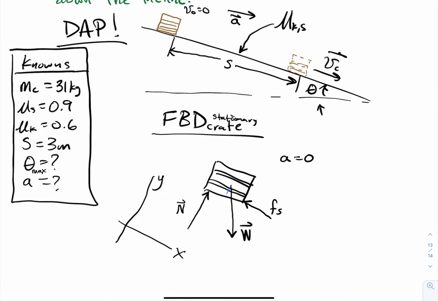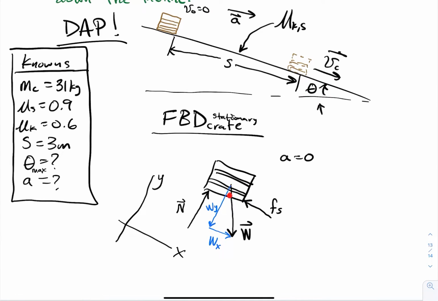So I can break the weight force into its y and x components. Now, in order to tilt this crate at the same angle as the incline, we would have to tilt this downward vector the same angle as the incline. And so we have our theta right there.